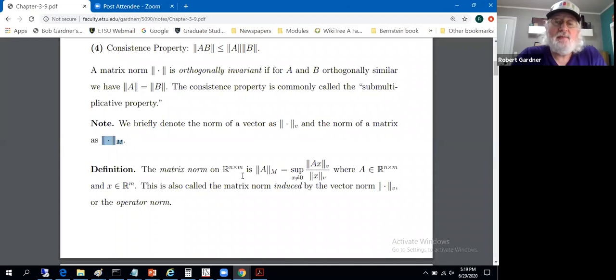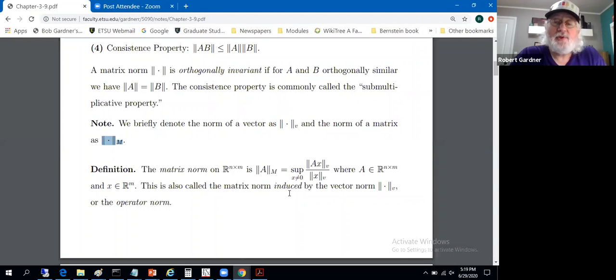A is n by m, so x must be a vector from R^m. So we're using a vector norm on R^m down here. A times x itself will also be a vector, but it'll be a vector in R^n. And so we're using a vector norm in R^n up here. So matrix norm is defined to be this supremum.